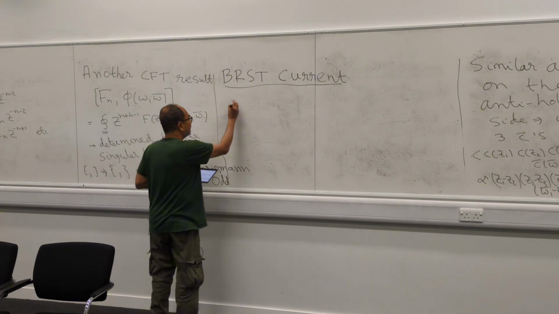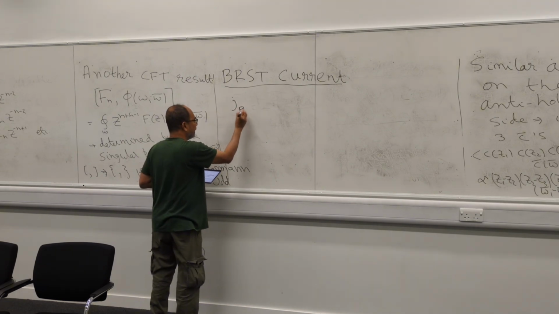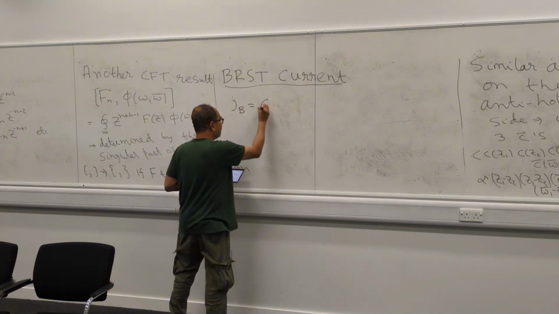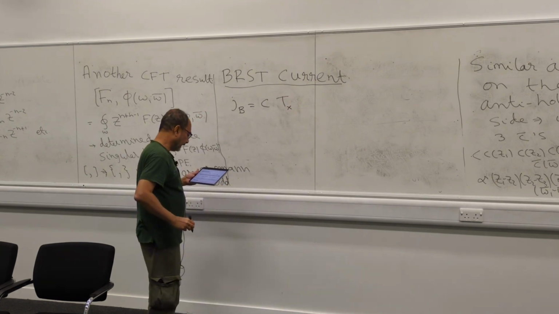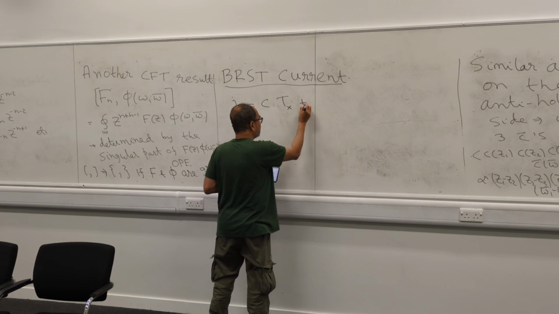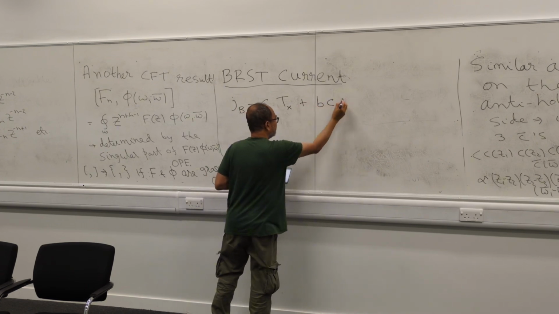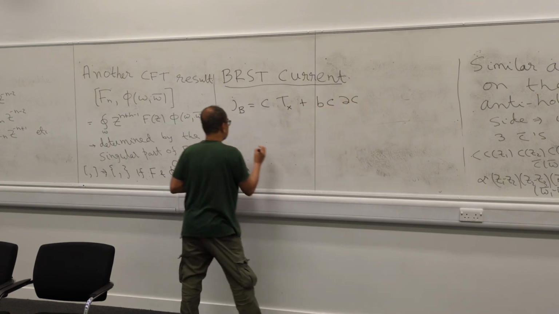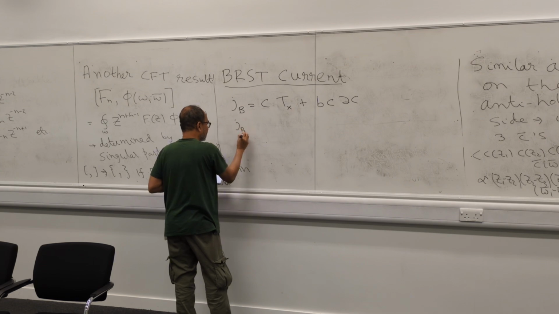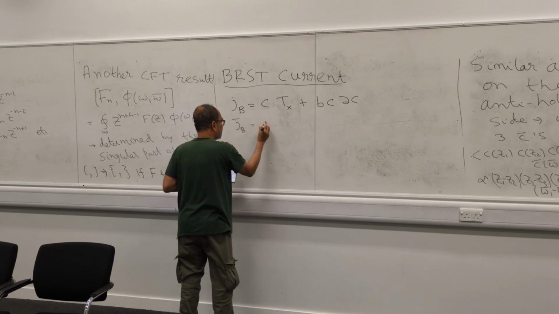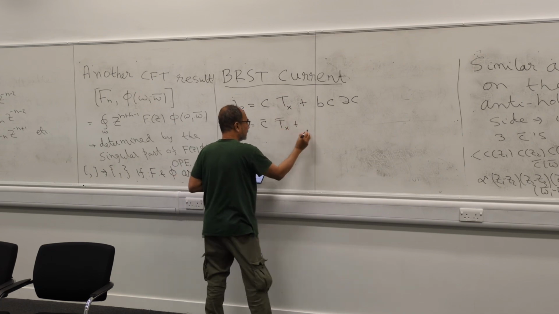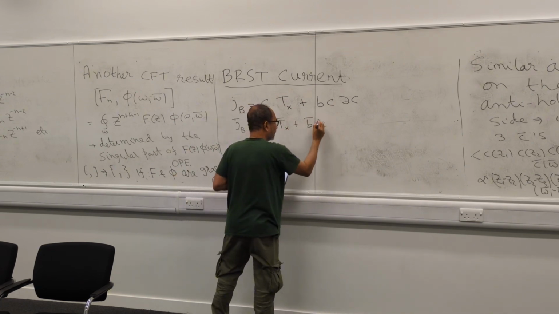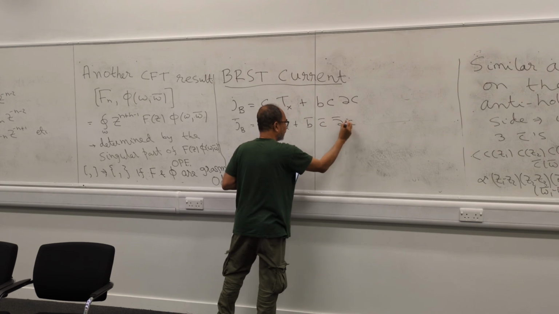So here is the definition. J_B is c times T_x, the energy momentum tensor for the x's, plus b c ∂c, and J_B bar is c bar T bar_x plus b bar c bar ∂bar c bar.